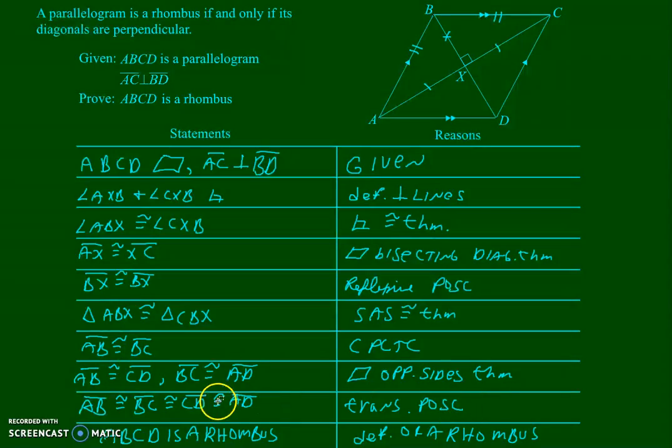So all these segments are congruent. Now, since we were given that this is a parallelogram, and we've just proven that it's a parallelogram with 4 congruent sides, ABCD is a rhombus by the definition of a rhombus. A rhombus is a parallelogram with 4 congruent sides.